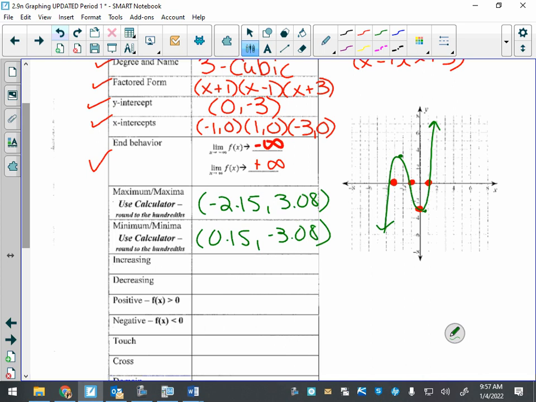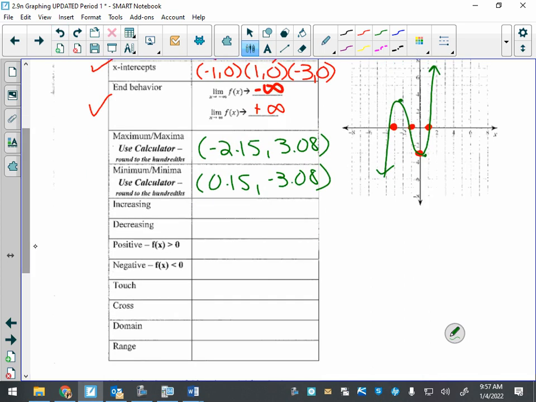Okay, so now using that information that we have, where am I increasing? And you have to use the x values that you wrote. Okay, where am I increasing? Jax?